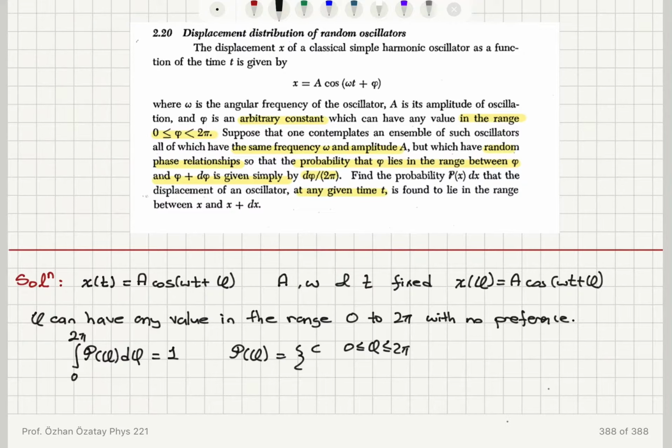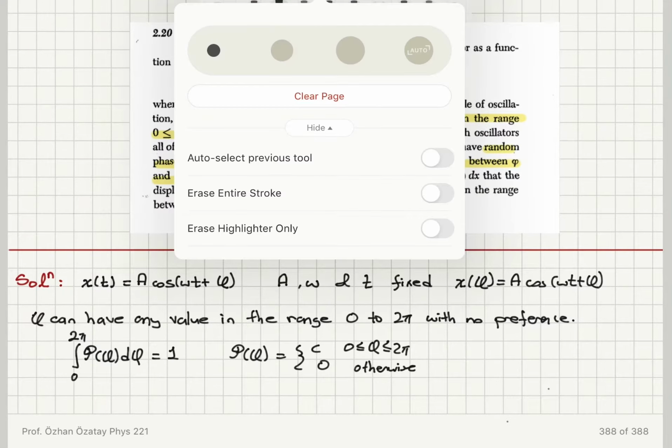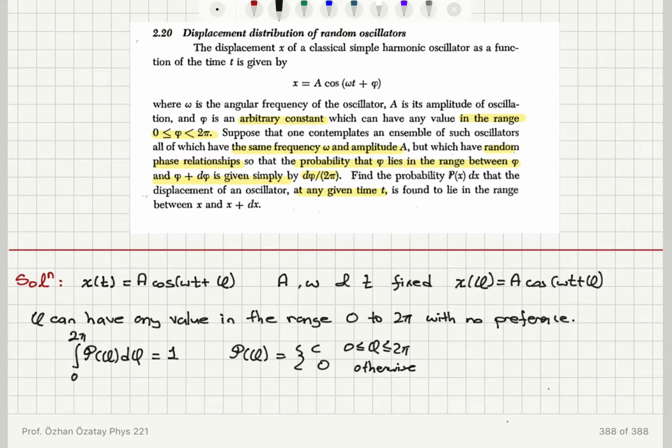It's a periodic function, so I'm assuming that it cannot have any other value, otherwise 0. So it has to be between 0 and 2 pi. That's what we are assuming. Actually, we're also excluding 2 pi here because 0 and 2 pi are the same thing because it's a periodic function.